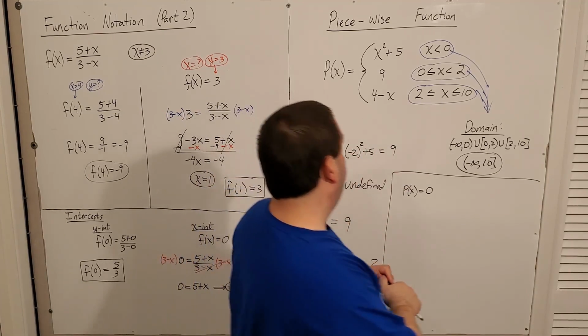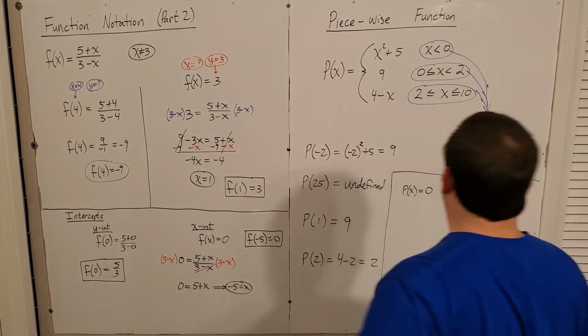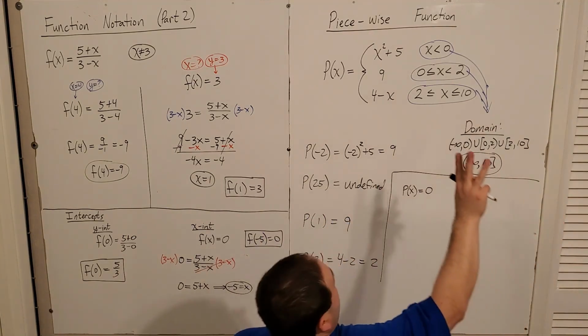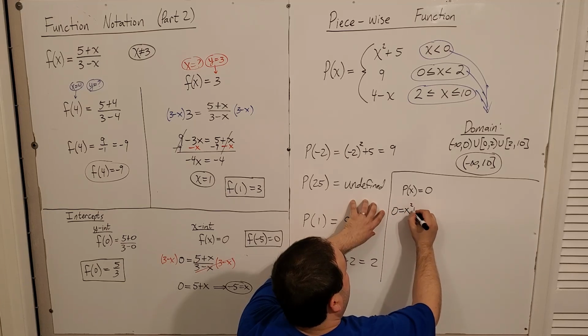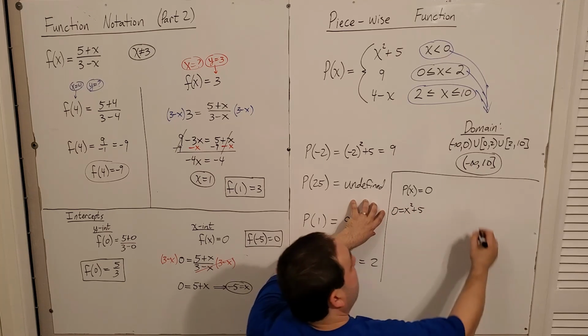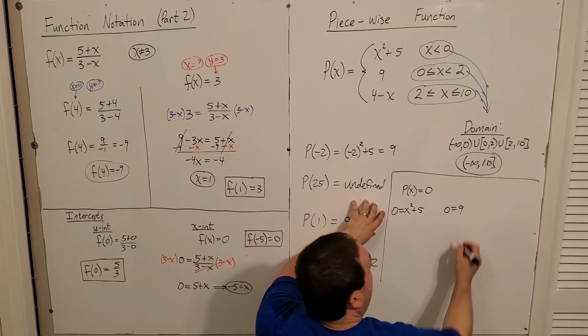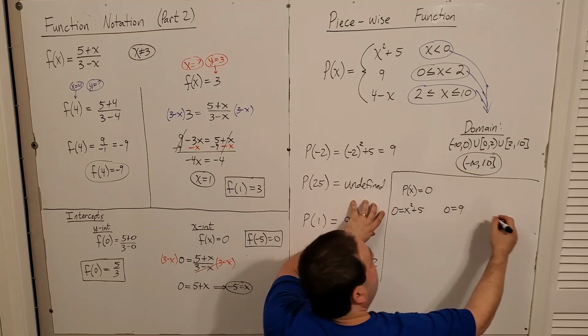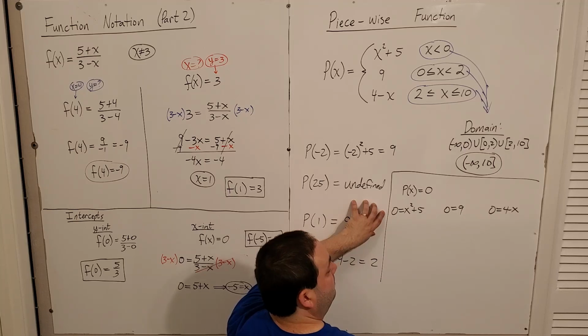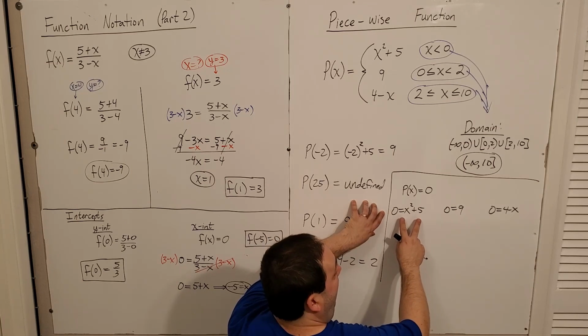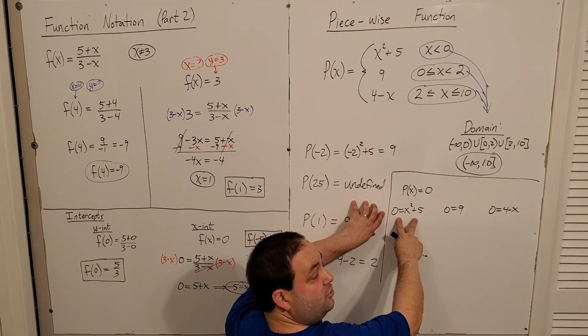Okay? So look, if p of x equals 0, let's say, I need to solve 3 equations. In this case, I'll need to solve 0 equals x squared plus 5. I'll need to solve 0 equals 9. And I'll need to solve 0 equals 4 minus x. Okay? But be careful. When I solve these, I still have to check and make a decision afterwards.